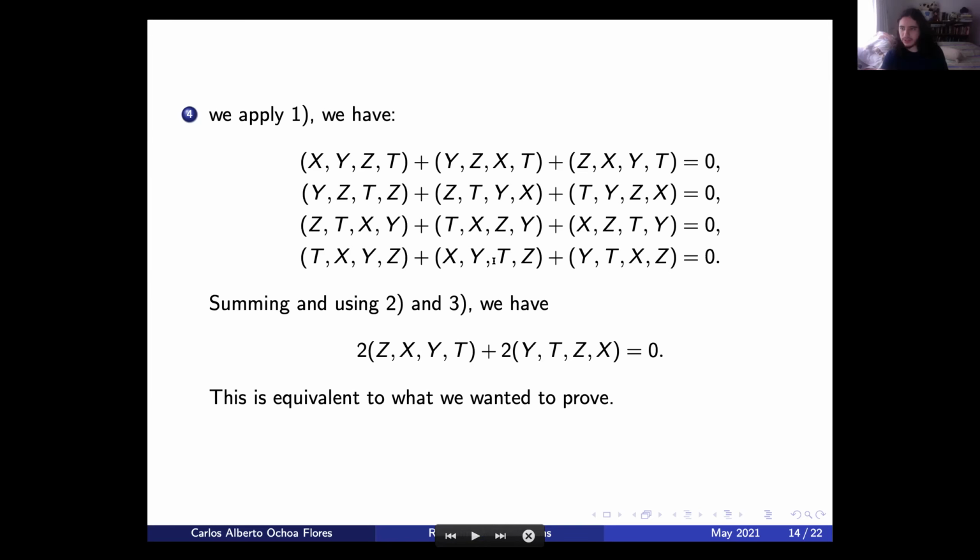This one and this one. Yeah, right. And you do the same with every single term. Okay. And this is what we wanted to prove, right? Because one simply passes one of the terms to the other side. It is what we wanted to prove.